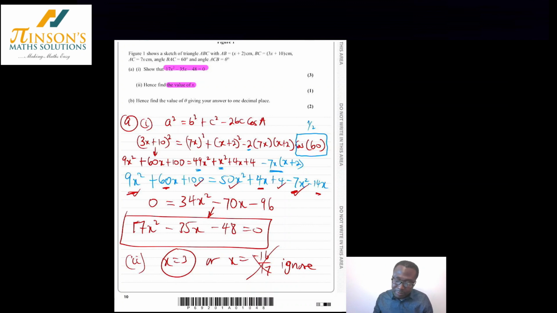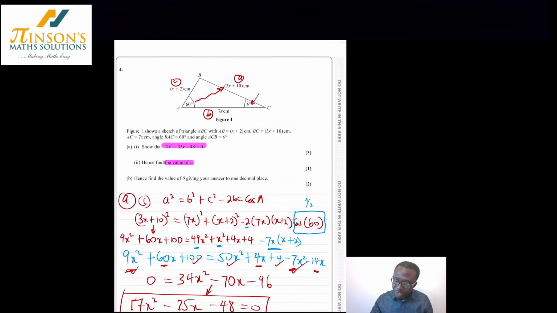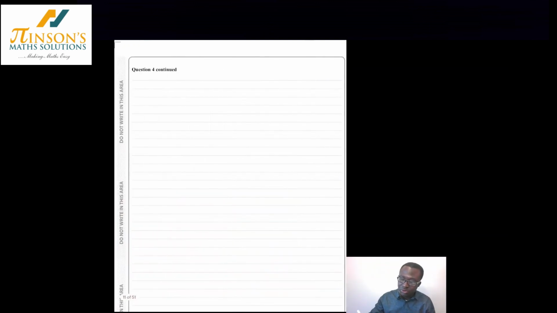Okay, and the next part of the question says, hence find the value of the angle here. So what we need to do is go back there, sub in our value for x, and have a go at sketching this triangle again. So we've got A here, which was 60 degrees, and then here we got 7x, x is 3, so that will be 21 centimeters.